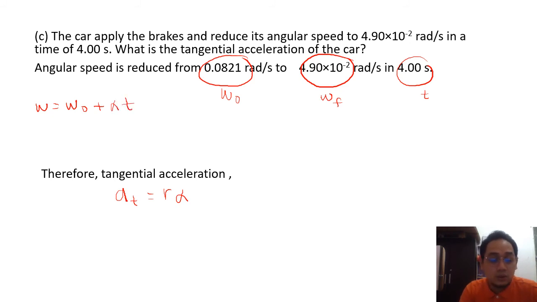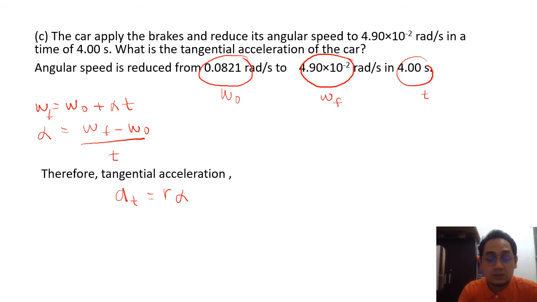You can rearrange this formula into alpha. Alpha is equal to, this omega here means omega final, omega final minus omega naught over time.